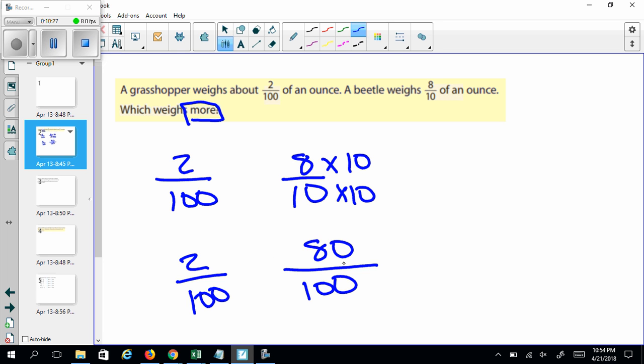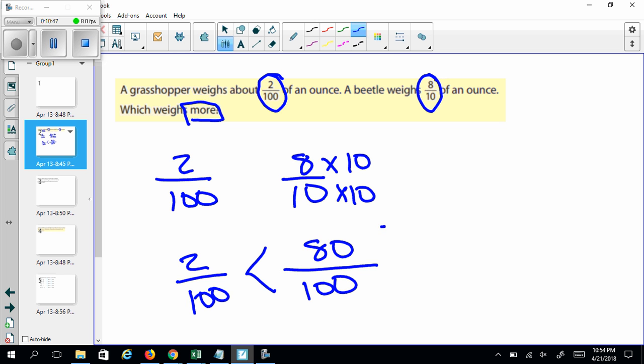If you give me 80 M&Ms, I'm going to eat those over just having 2. Of course, the 80 M&Ms might want to be eaten over a couple of days instead of just one. Okay? But that's how you can find which one weighs more, because you have used equivalent fractions.